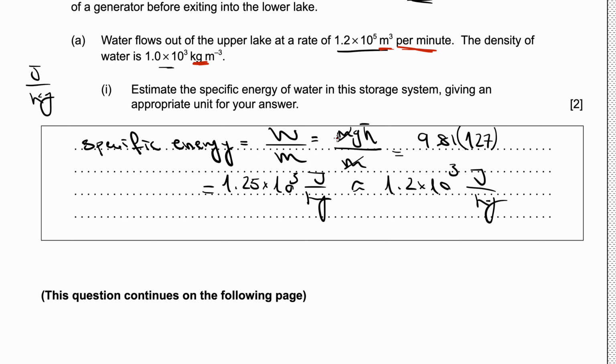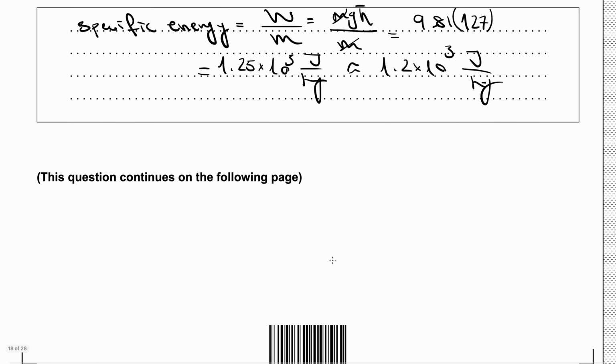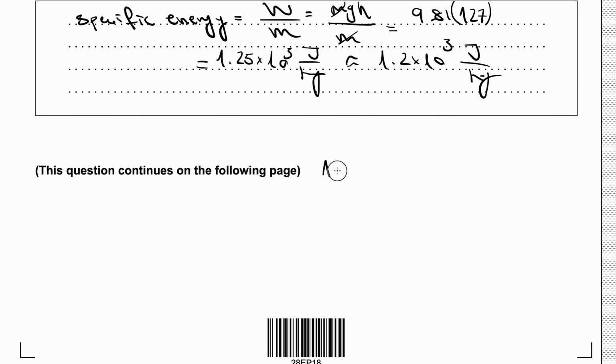All right, so let me rewrite. I'm going to use the unrounded version of my value, so 1.25 times 10 to the power of 3 joules per kilogram.